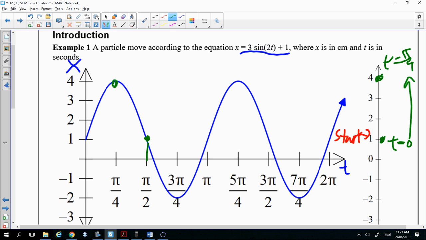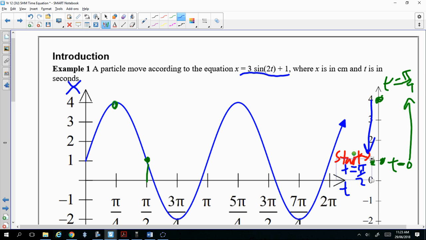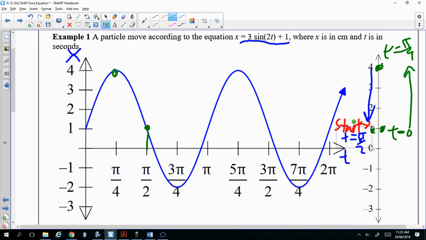It goes back to this point again at t equals pi over 2. And then the particle goes down to -2 at t equals 3 pi over 4. So it moves down, and then moves back up again.